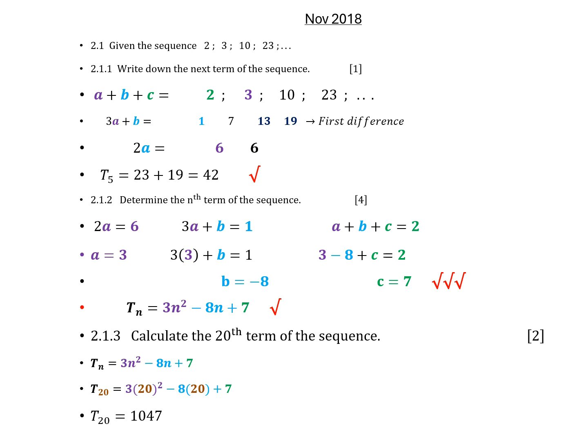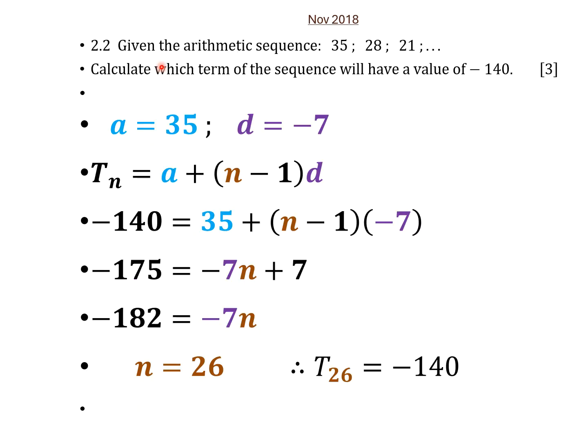Let's go to the next exam question. Given the arithmetic sequence 35, 28, 21, calculate which term of the sequence will have a value of minus 140. So they've given me arithmetic, so a is 35, d equals negative 7.